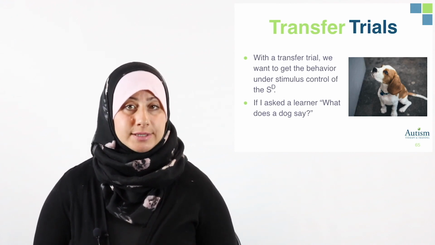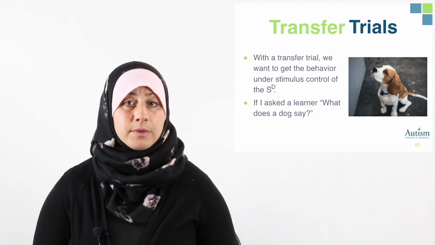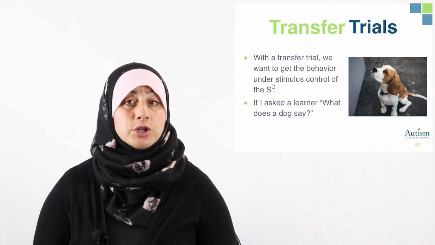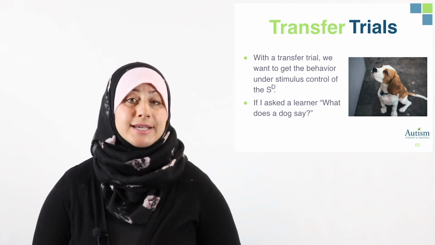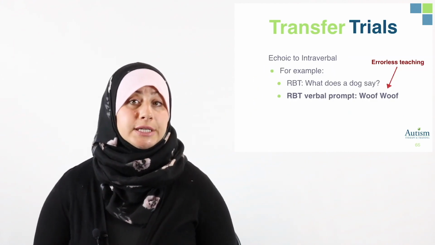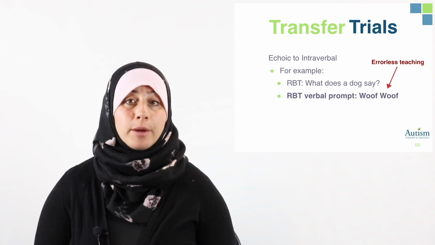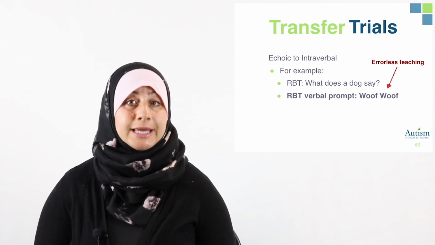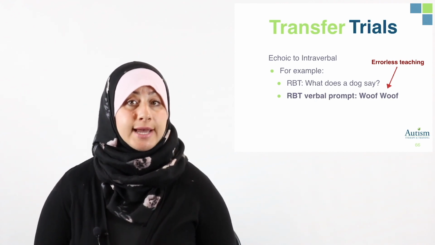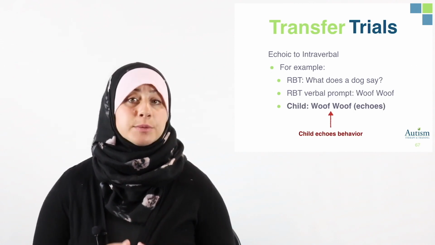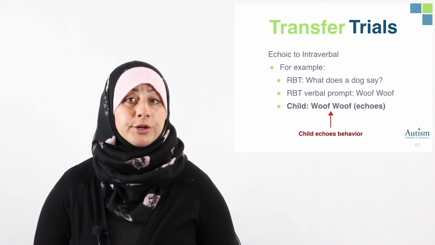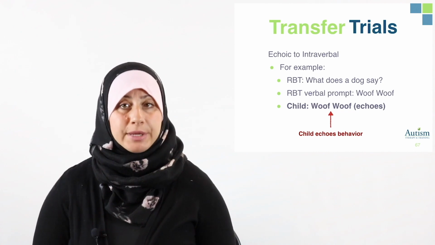So how do you do this? Here is an example. We're teaching the learner to respond to an intraverbal question, what does a dog say? That's the SD. The RBT uses errorless teaching and prompts the correct response immediately at a 0-second delay and says, woof woof. It's important that when we prompt the learner, the learner engages in that behavior.